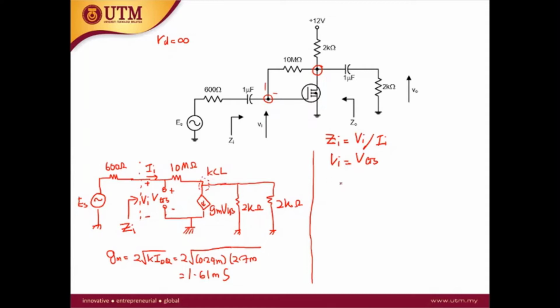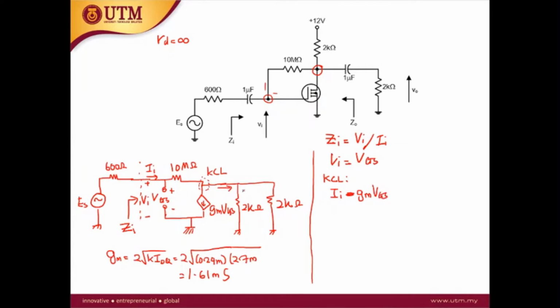Okay, so this is KCL here. If you do the KCL, II is entering this node, so II is positive. Next we see the GM VGS here is exiting, so this is negative GM VGS, and then we also have this current here exiting.